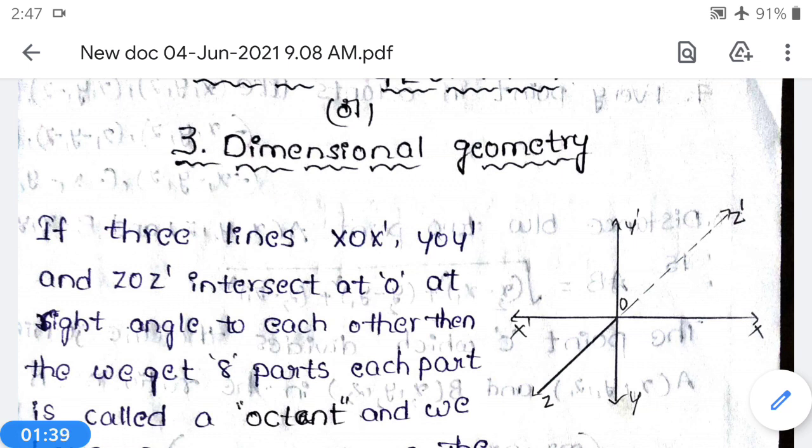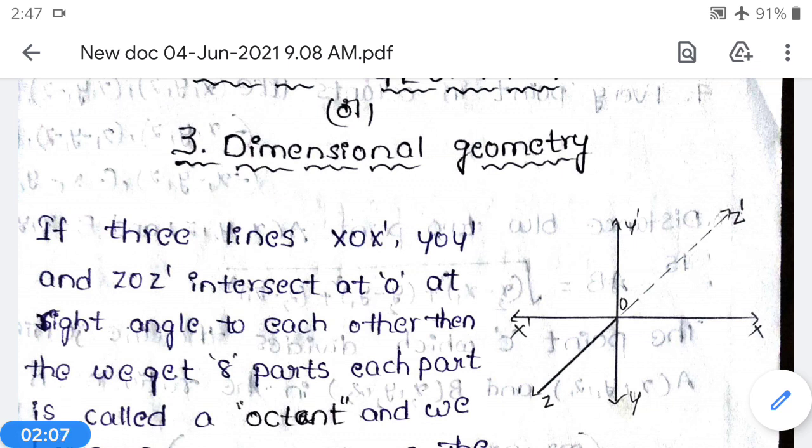Finally, we dealt with the angle between 2 lines. If theta is the angle between the 2 lines whose DCs are l1, m1, n1 and l2, m2, n2, then cos theta is equal to l1 l2 plus m1 m2 plus n1 n2.